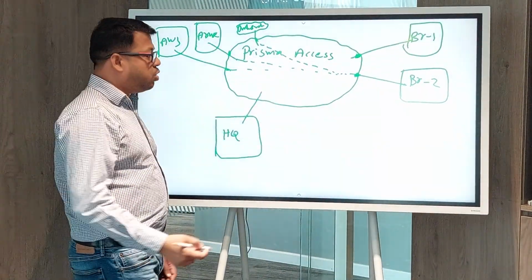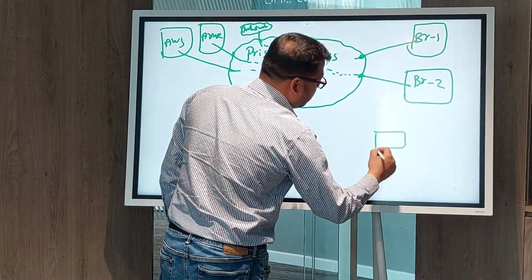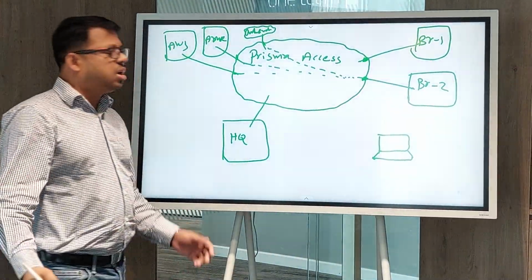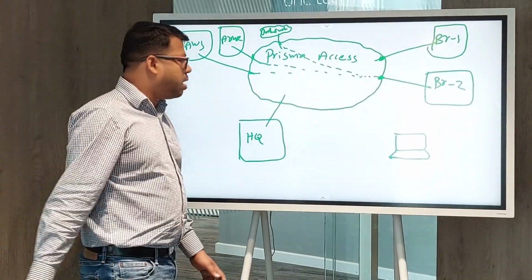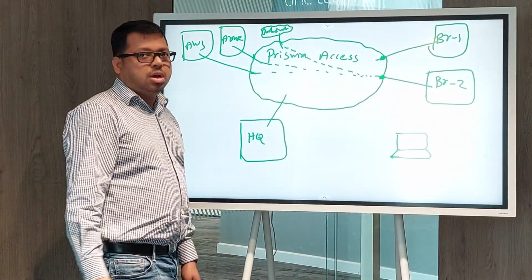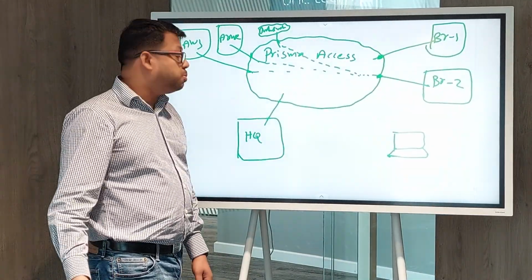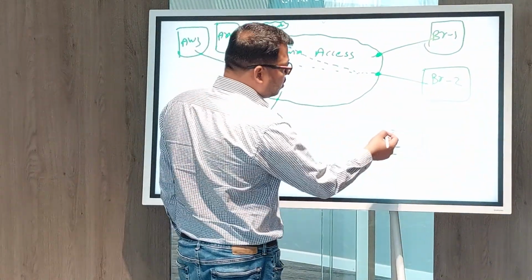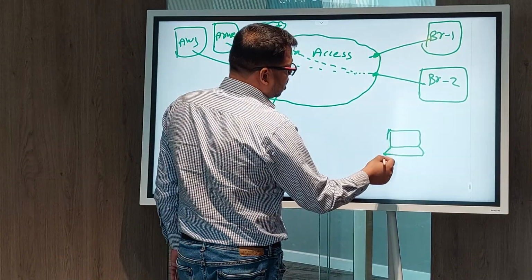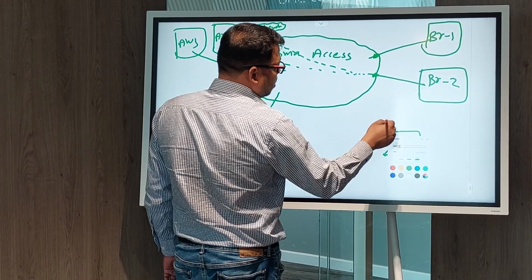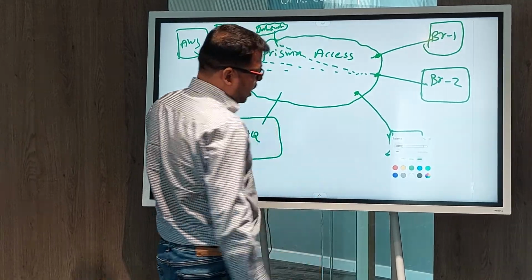Take a scenario of a mobile user. As we know that with the pandemic, the mobility of the users, wherever they are working, whether it is home, office, they are traveling, they will be accessing the resources, right? Most of them, I can say that maybe 70% plus will be using the VPN, the client VPN solutions. So this client VPN or the mobile users also will be connected to the Prisma Access.